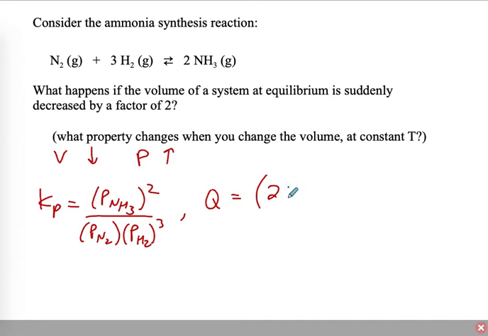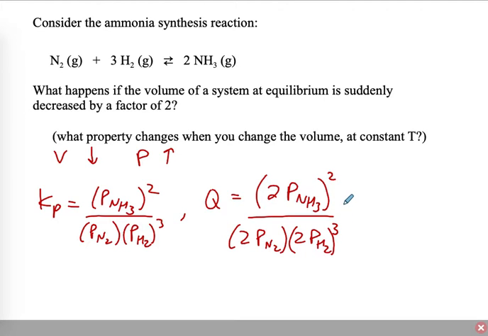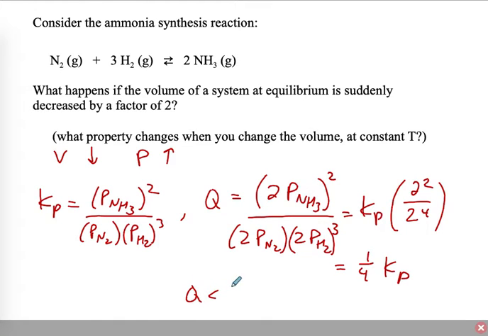So this will become 2 times the initial partial pressure of ammonia squared divided by 2 times the initial partial pressure of nitrogen times 2 times the initial partial pressure of hydrogen cubed, which is equal to Kp times 2 squared over 2 to the 4th, which is equal to 1/4 Kp, which is equal to Q. And since now Q is less than Kp, that means we will shift to the products.